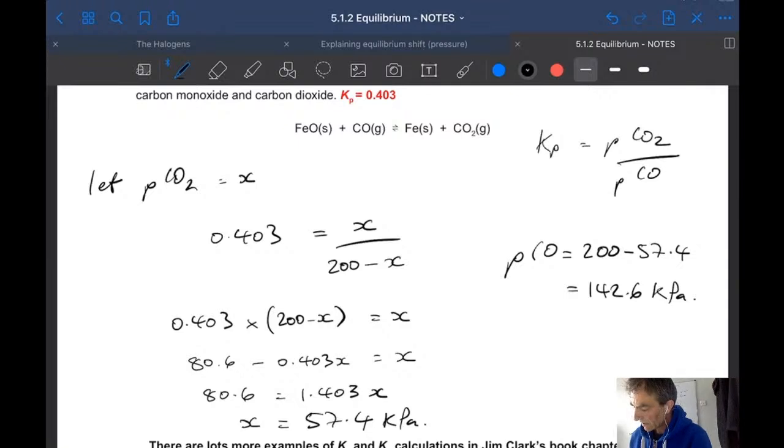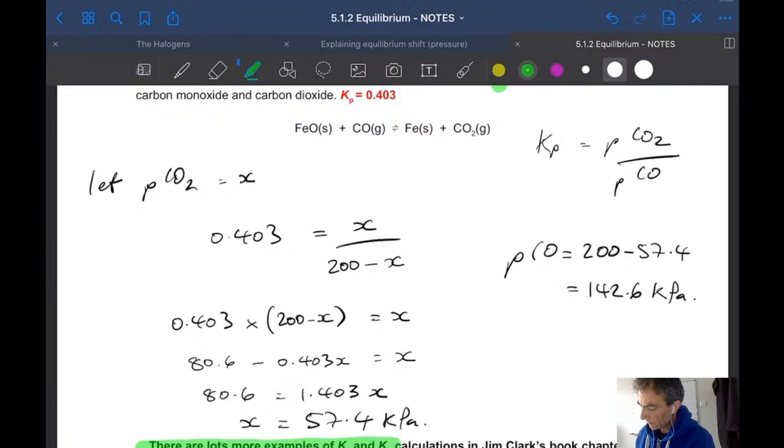So yeah, that's a bit more of a nasty type of Kp expression. Yeah, so I like to include that in the notes for my students because it's a bit of a different sort of type of question.